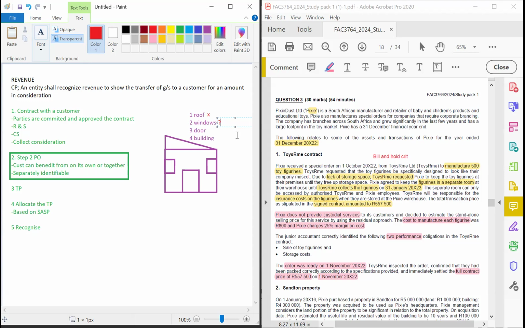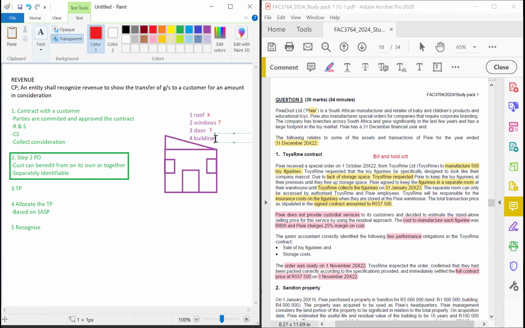Now, the door, same applies. Can you sell the door? Can the customer sell the door? Or is it fixed to this building? And all of this will be provided to you in the question, whether it is according to the specifications of the house or it is just a door that has been bought and can be sold to anyone.